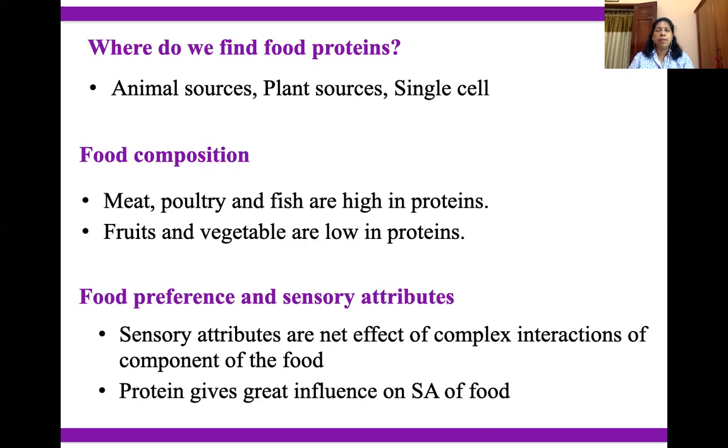So likewise, food preference and sensory attributes have a very good linkage, and protein is playing a big role. Under this section on protein and protein functionality, we are going to learn how these work in that field.